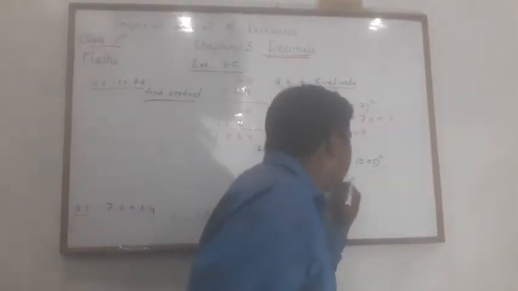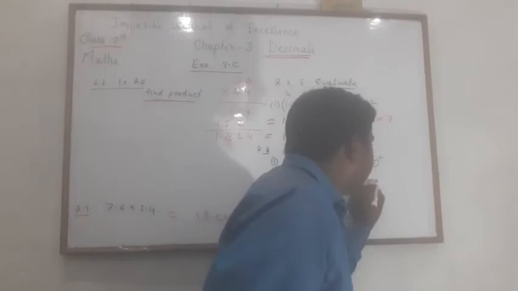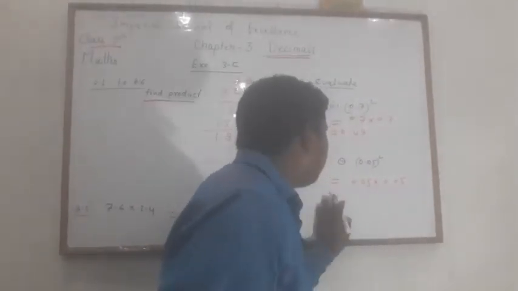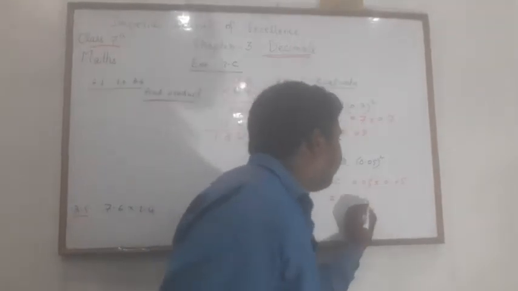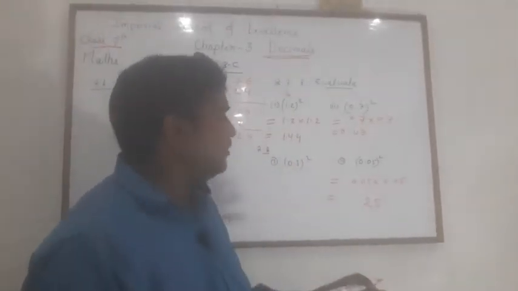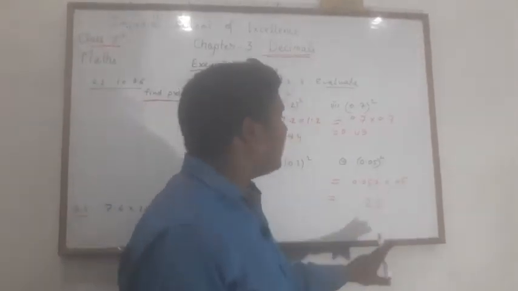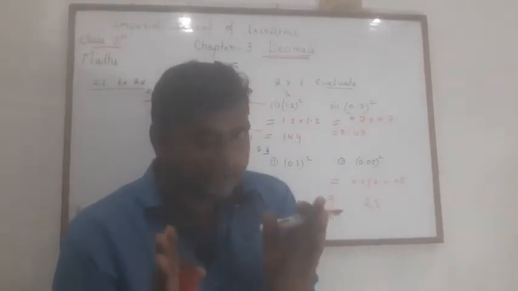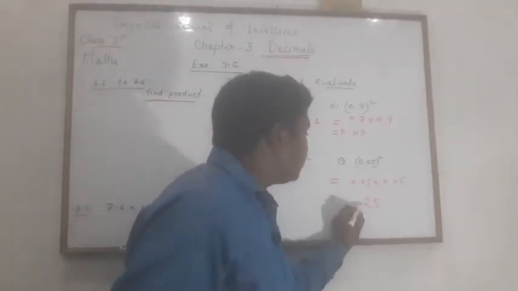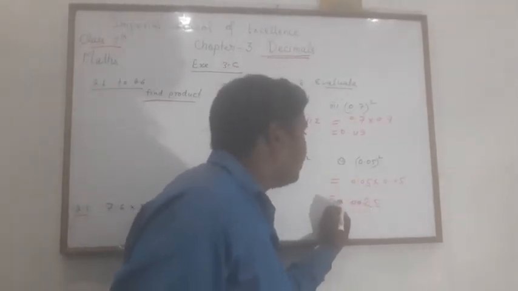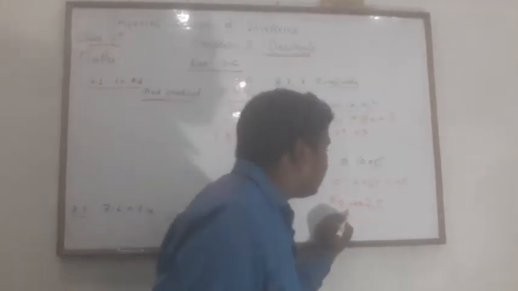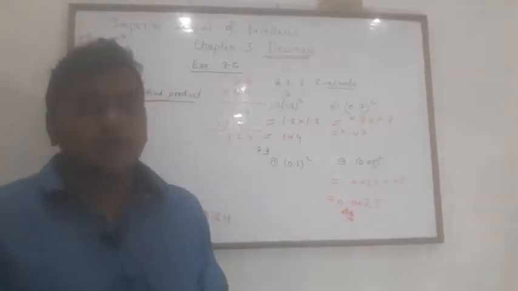This is 0.05 into 0.05, and 5 5s are 25. Now how many decimal places will there be? 2 places from here and 2 places from here, so 4 places, and it is 2 digits only, so we put 0 and 0 and 0.0, so 4 places of decimal, and this will be the answer. Hope you are getting my point.